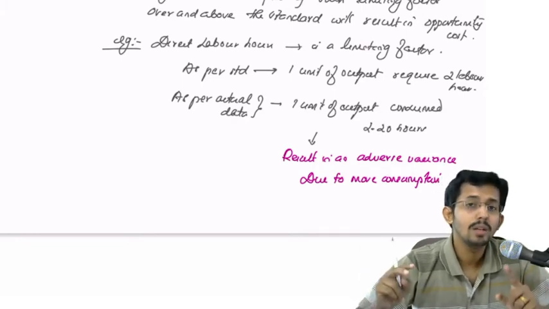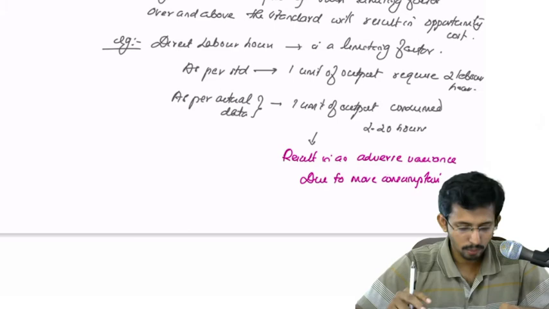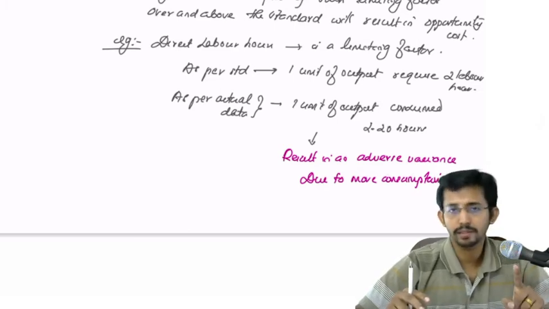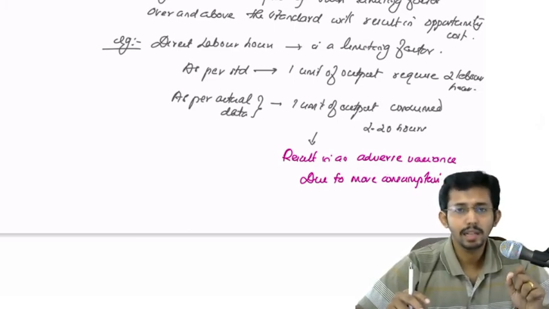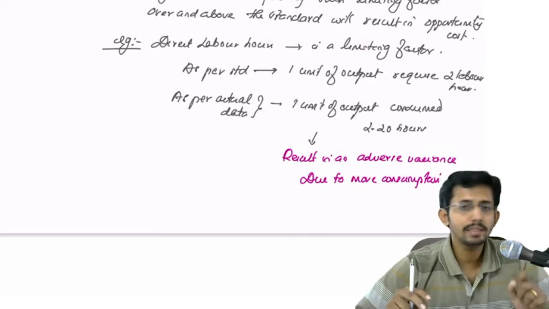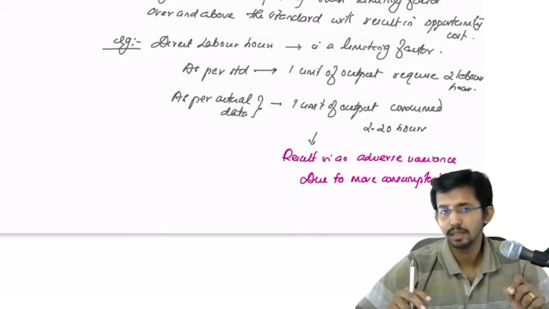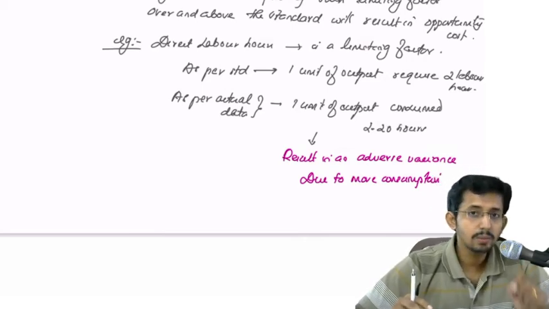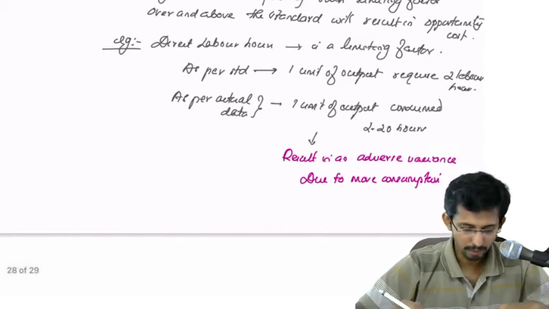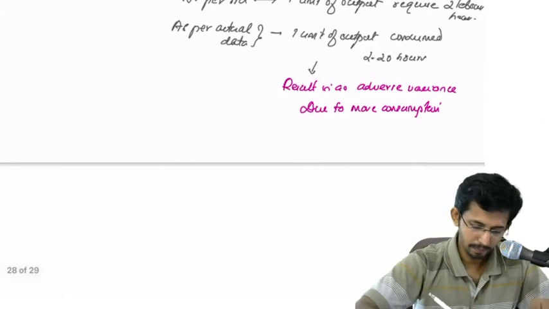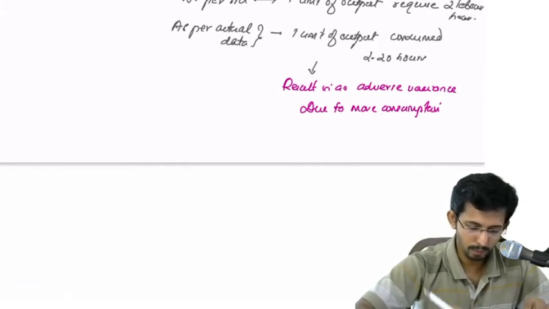Is it clear? So wherever there is a limiting factor, and you are using relevant costing as the basis for standard costing, then whenever there is an adverse variance, mind you, there will be opportunity cost. So result in adverse variance due to overconsumption.